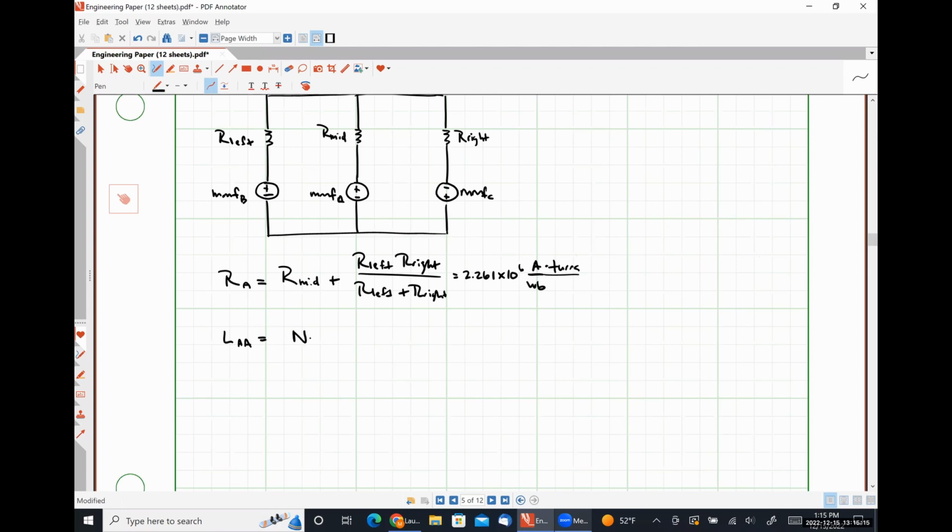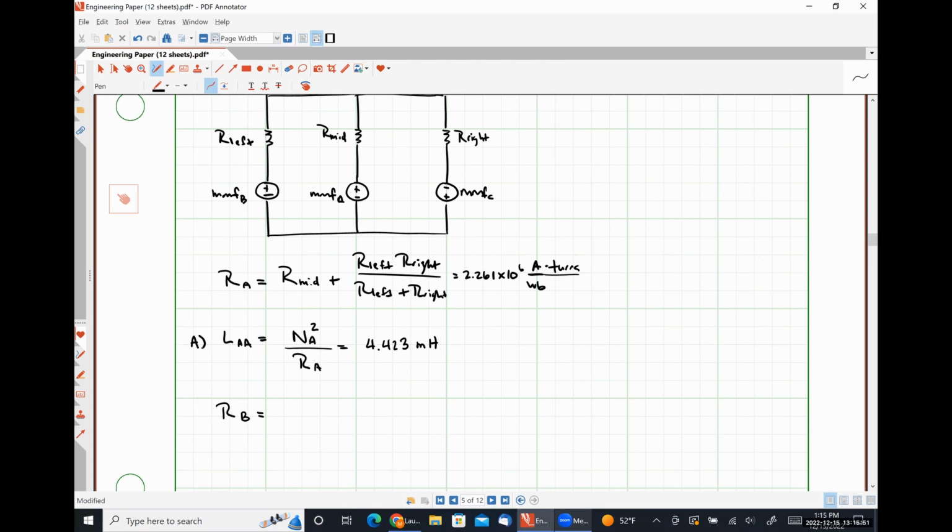So that's just going to be the number of turns in coil A squared divided by the equivalent reluctance seen by coil A. So substituting in our numbers there, we wind up getting 4.423 millihenries. And so that's our answer for part A.